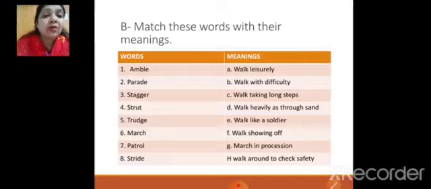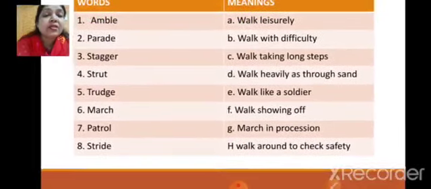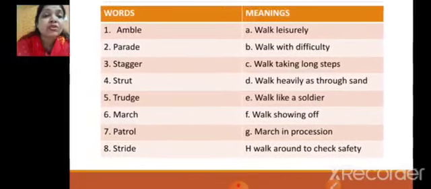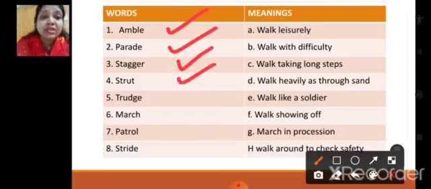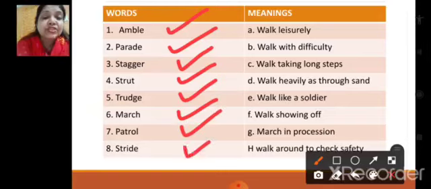Okay. Now on one side of the table you have got words which say amble, parade, stagger, strut, trudge, march, patrol and stride. Now on the other side you have got meanings. Now you have to match it correctly. Okay.